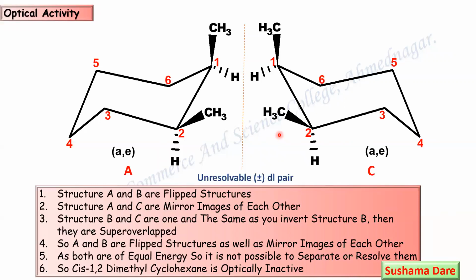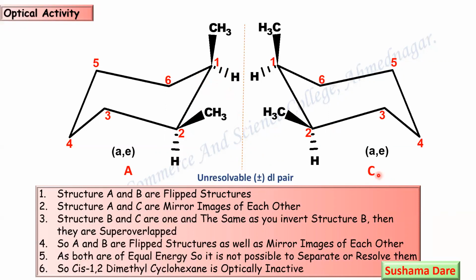Again, first, the presence of 2 asymmetric centers. Second, no symmetry elements. Third, now here is the question mark: can we resolve it? We already discussed in this slide that A and B are flip structures, A and C are mirror images, but B and C are the same.